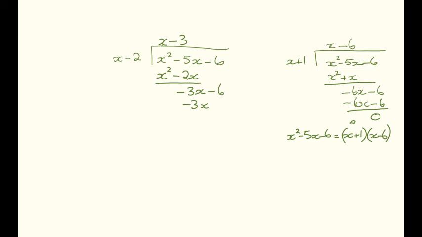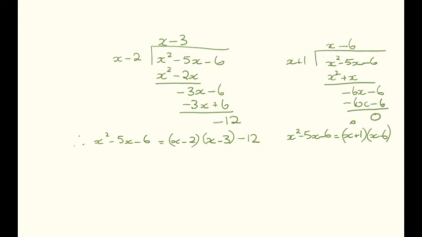Minus 3 times minus 2 gives me that. The x's go out, minus 3x is 0. Minus 6 minus another 6 gives me minus 12. So what do I then notice? I then notice that x squared minus 5x minus 6 could be written as x minus 2 times x minus 3 with a remainder of minus 12.